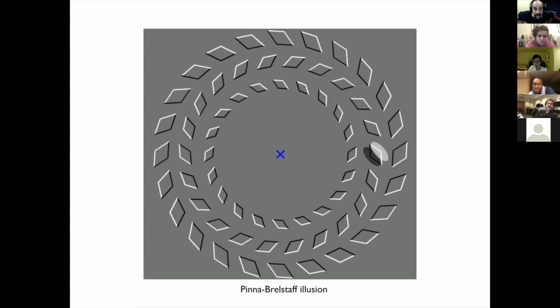Now, when you move your head close, what is happening on your retina? On your retina, this image is growing as you move your head close. So what is happening is that this patch is moving out, moving in this direction, because the whole thing is expanding on your retina.